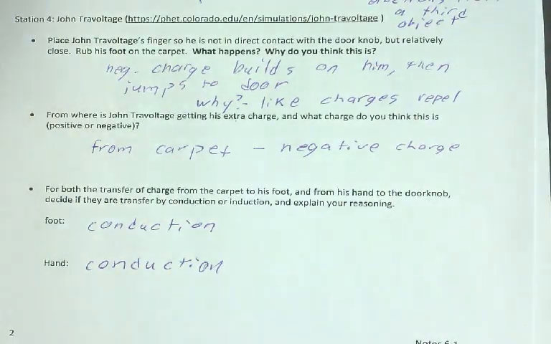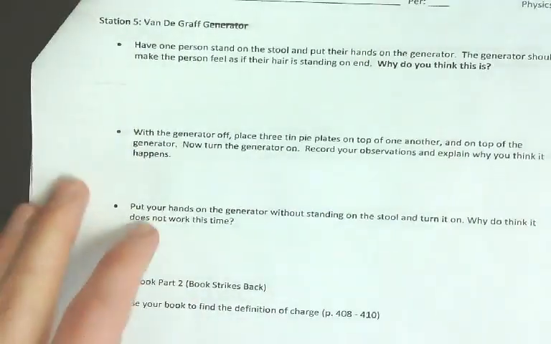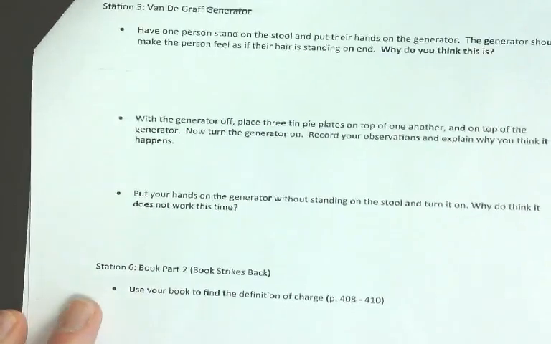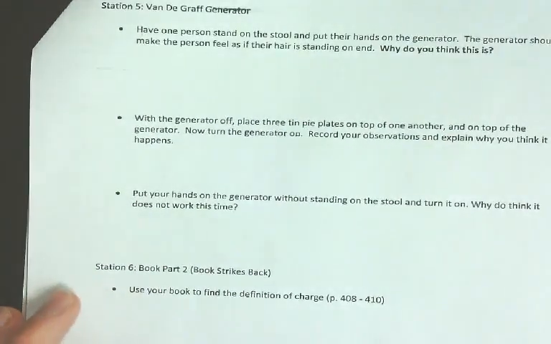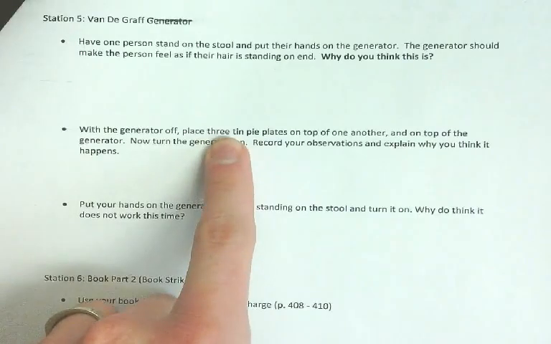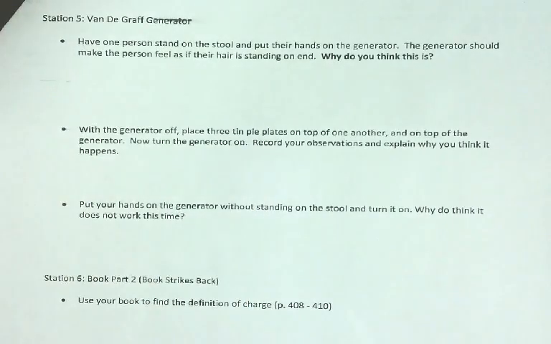Jump to the next page. Station 5. All right, so the Van de Graaff generator. Jack, what about that first one? Why do you think the Van de Graaff is making you feel like your hair is standing up on end? Basically, you add the charge to it from the machine.